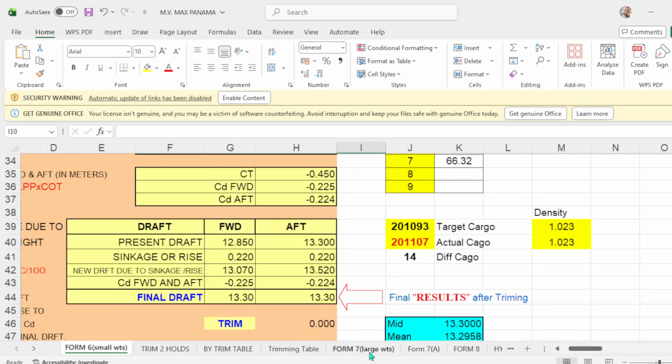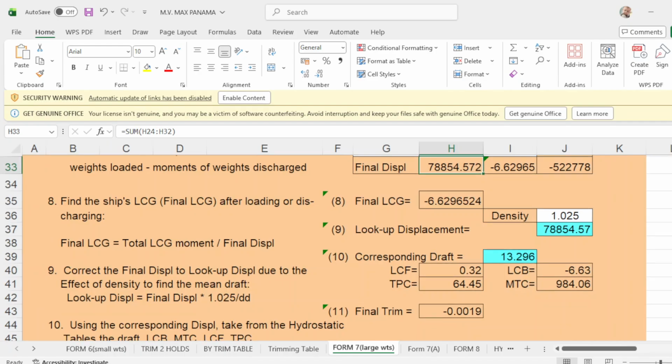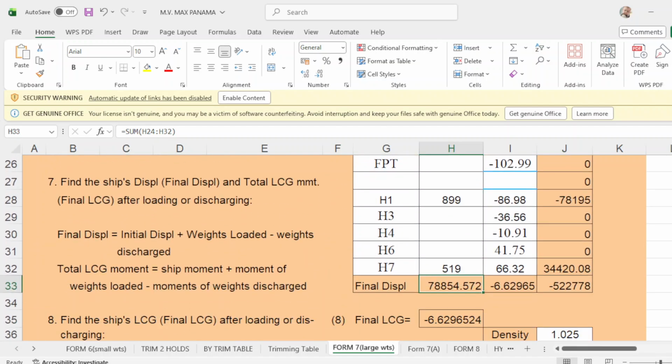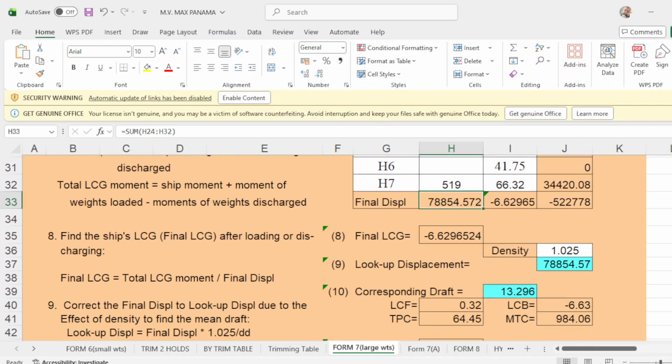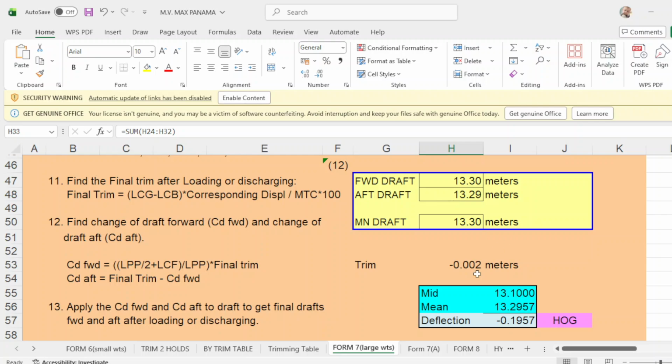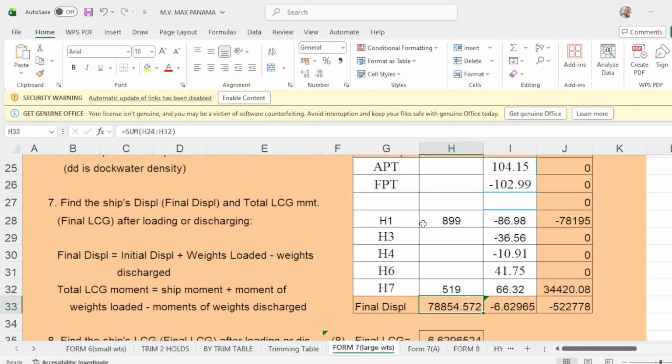That is also the same here. You put your initial density here, put your final density here, and your departure draft will be almost even keel of 13.30, with the same cargo that you're going to load in hold number 1 and hold number 7.